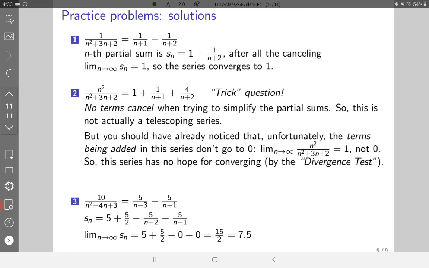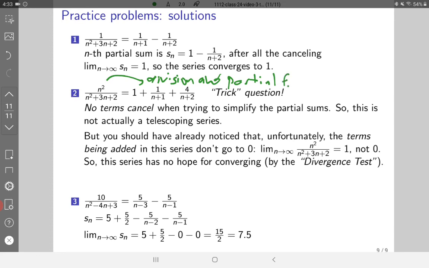It converges to 1. Now in the second example, you can do some algebra with the partial fractions method. You would have to start by doing long division to get to this, because the numerator is n squared, and the bottom has an n squared in it as well.